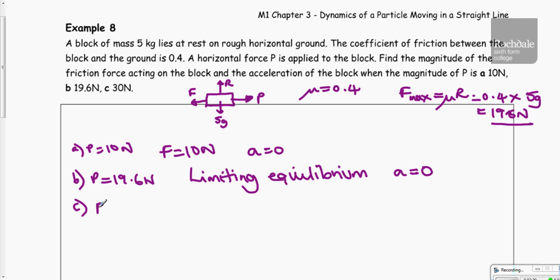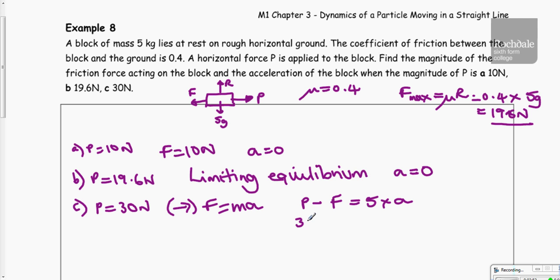In the third example, P is 30 newtons. The forward force overcomes the maximum value of friction. So if we were to do F equals ma, forwards, we'd have P minus F equals the mass times the acceleration, which is what we're trying to find.